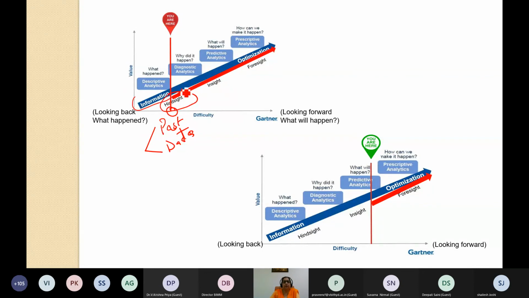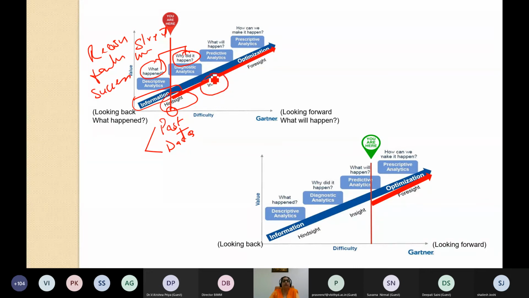Now they will have to make use of that information to understand why it happened and what happened. If you are able to identify your strengths, your weaknesses, the reasons for failure as well as for success, then you develop some insight.